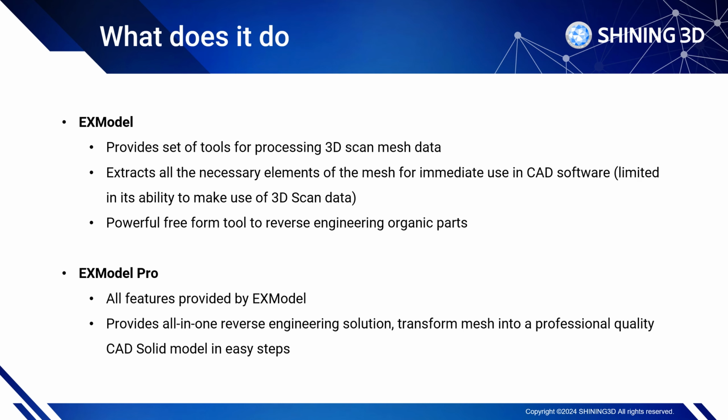You're able to do extrusions, patterns, revolving of course, and a lot of surface editing functions are available in the Pro version. So it's like an all-in-one reverse engineering solution. That's just one step. You don't need extra software if you need to do reverse engineering. With EXModel Pro, it's possible.